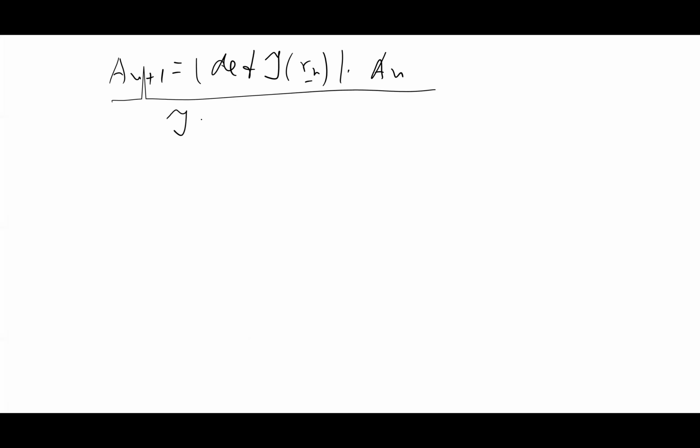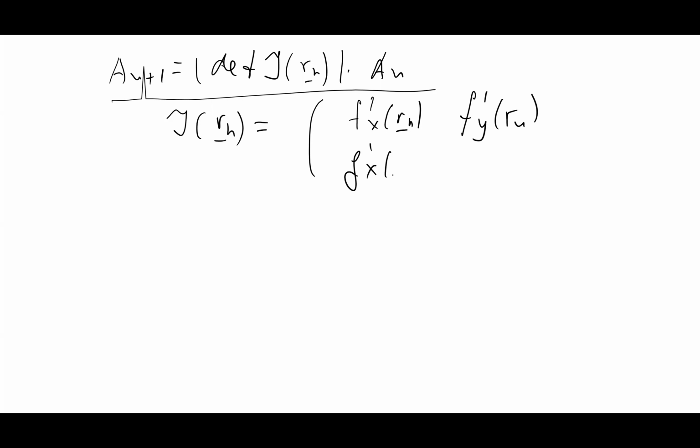The Jacobian is the matrix with derivative of f over x at Rn, derivative of f over y at Rn, derivative of g over x at Rn, and derivative of g over y at Rn.